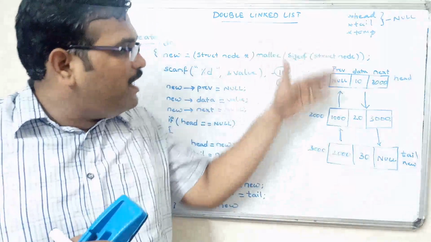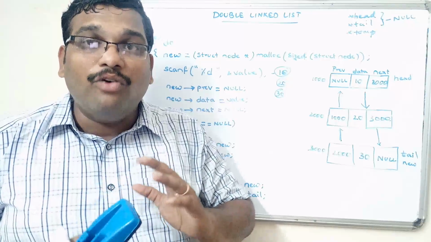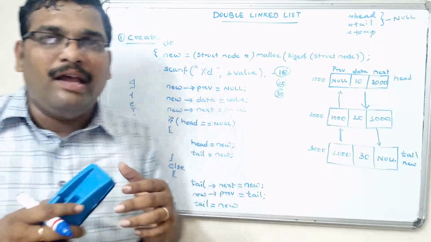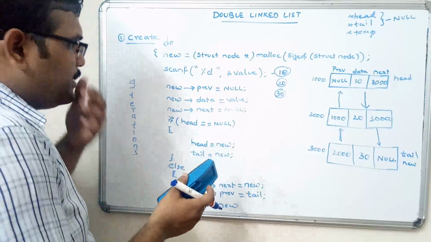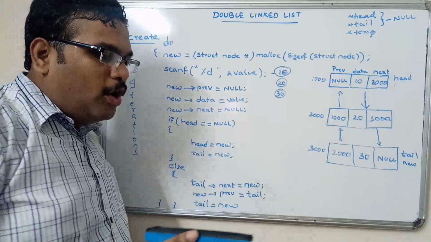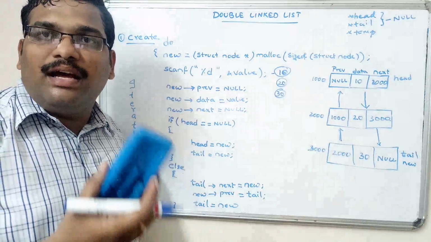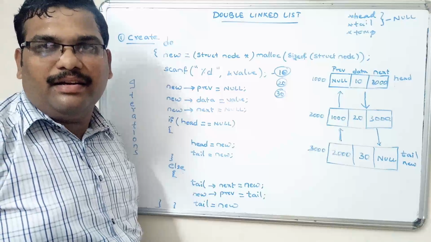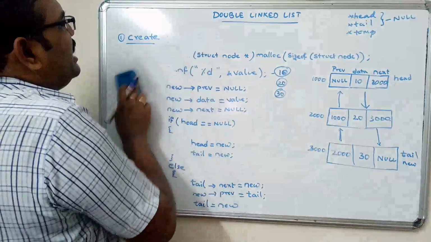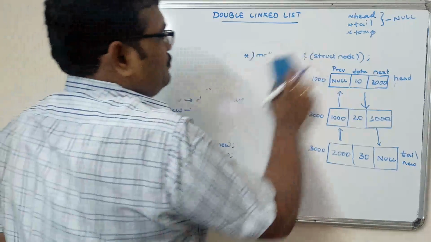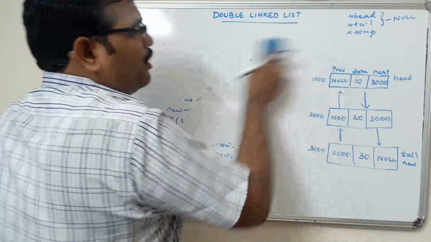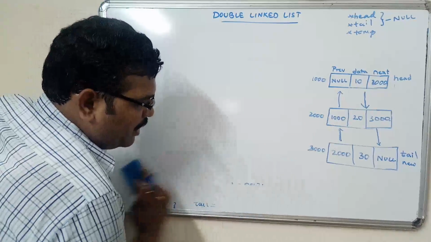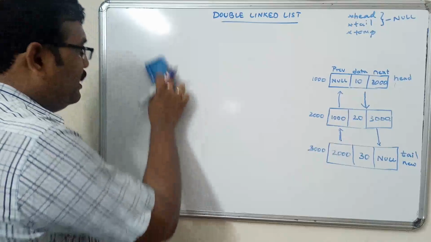So once you have created this, how do we display the elements of a double linked list? That is a normal logic which we have seen in the linked list and the circular linked list. See, the same thing we will follow. So hope you understood how to create a double linked list.